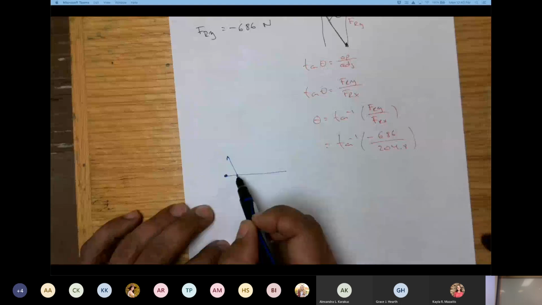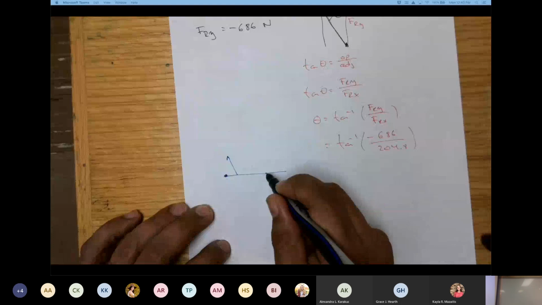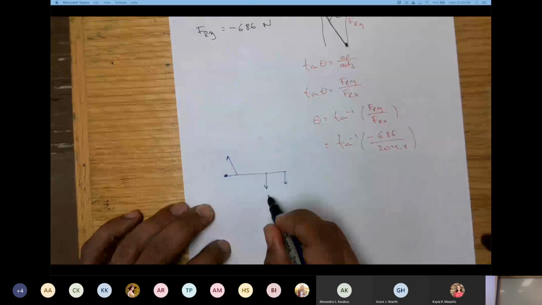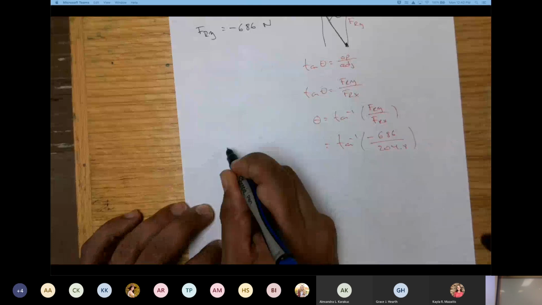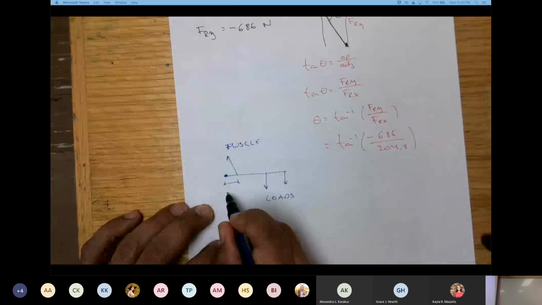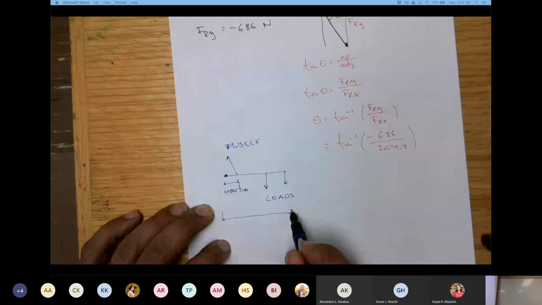But you're going to have something like this, and then you're going to have your loads on one half. So you have some loads, then you have a muscle over here, and you're going to have a very small insertion point, and then you have a very large loading arm.